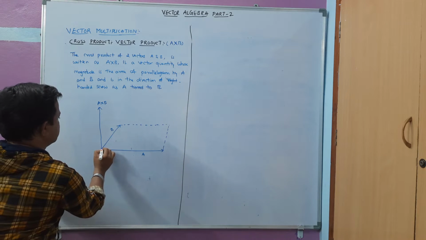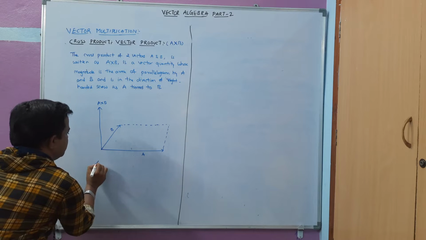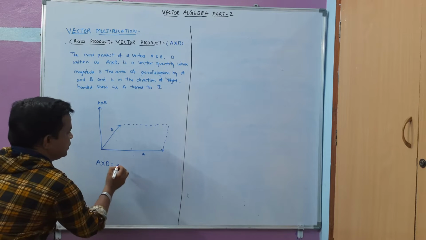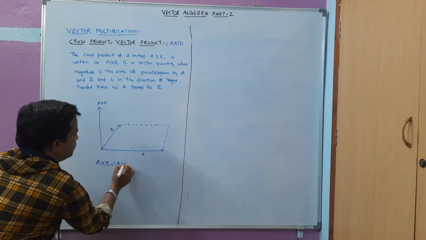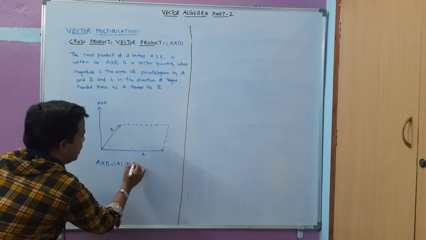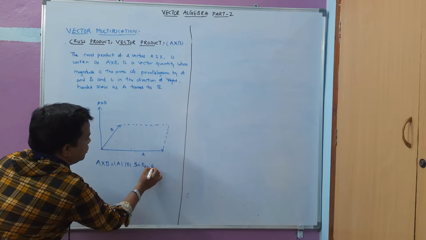Now according to the definition, I can write the cross product of two vectors A cross B as mod A mod B, the product of the magnitudes, and sine of the angle between them and the unit normal vector.